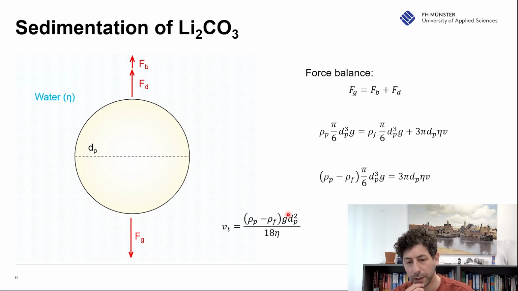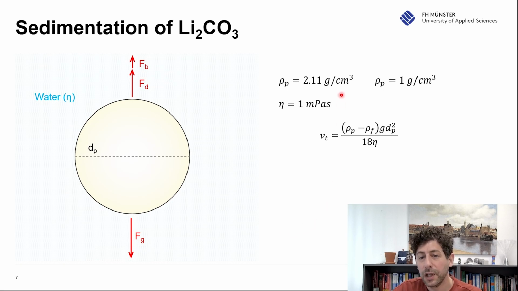If we take a look at our question, we need certain numbers. The size we know, this is the diameter, and we talk about 20 micron. g is 9.81. There are 3 variables which are missing: the density of the particle, the density of the fluid, water, and the viscosity, in this case the dynamic viscosity of water.